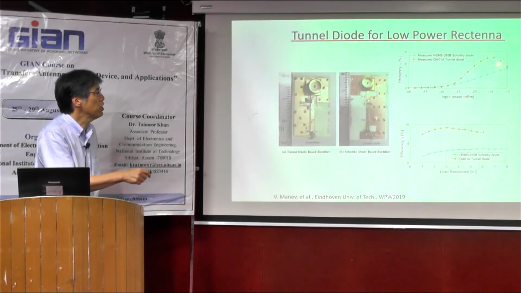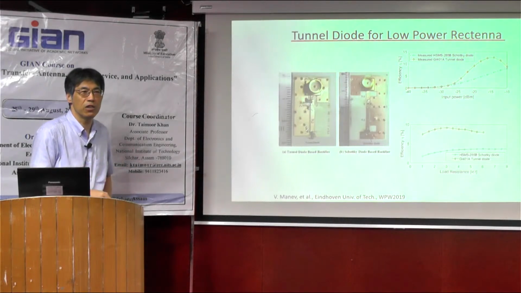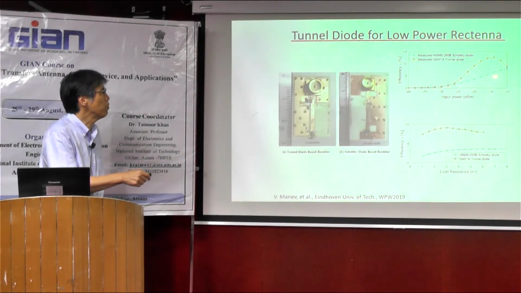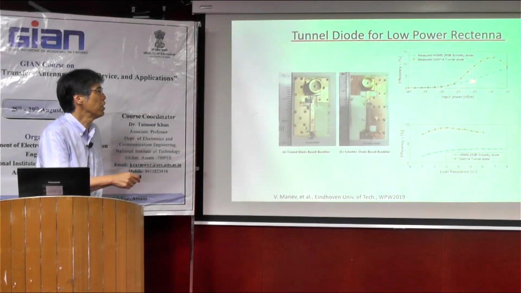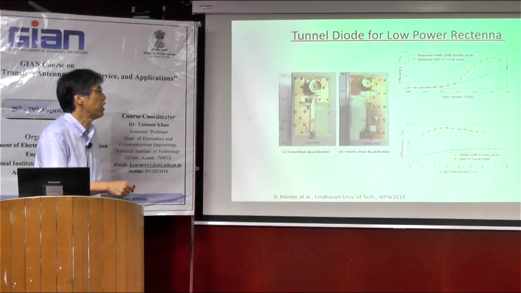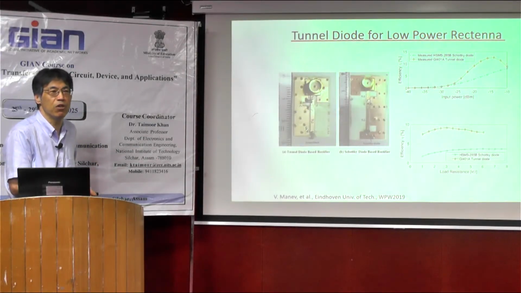And around here, efficiency suddenly decreases because around here, this tunnel diode becomes negative resistance, I suppose. But around here, compared to the Schottky barrier diode, this rectifier with a tunnel diode is better, and we can expect the tunnel diode and other diodes for the energy harvester in the near future.